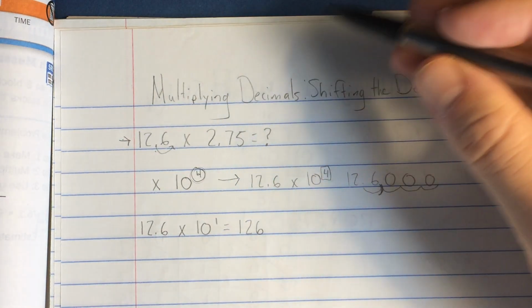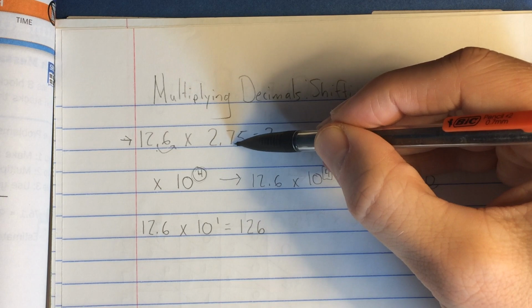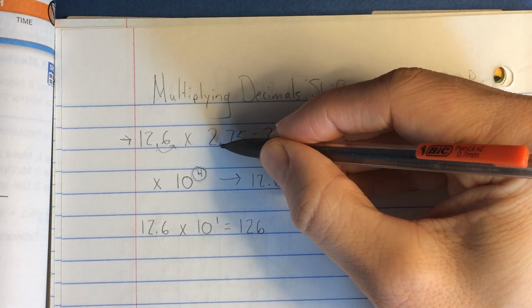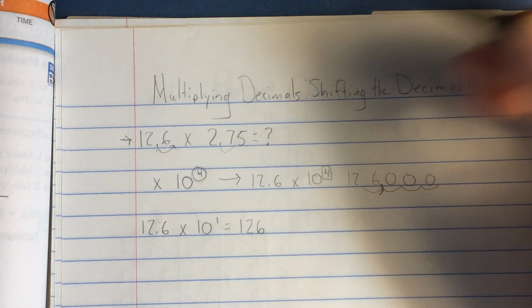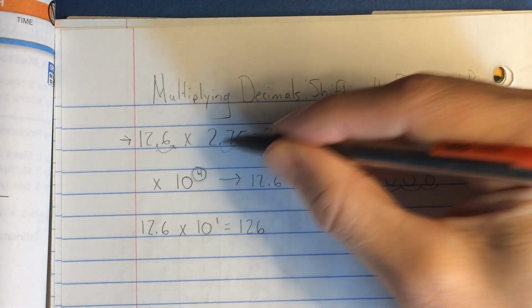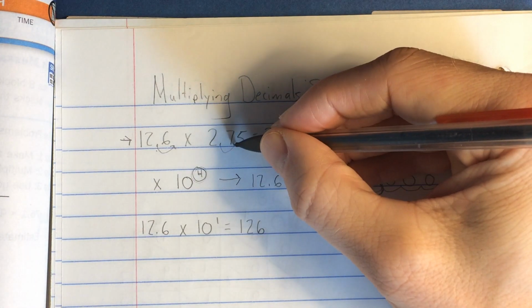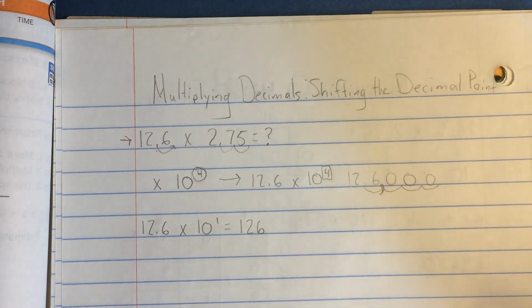How many place values would this decimal point have to move to turn it into a whole number? And you can test it out with your pencil. You can go, oh, there's 1, and that's 27.5. That's still not a whole number. But if we go one more time, that would put us at 275, which is a big number, but it's a whole number.